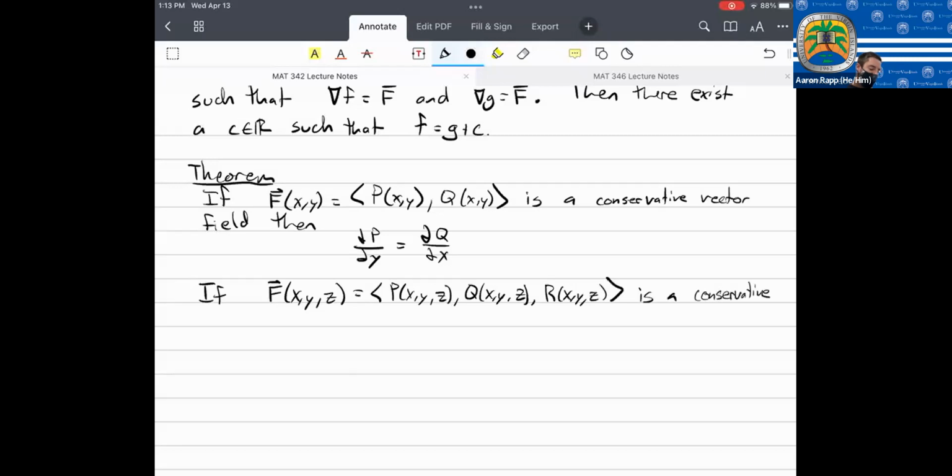So if this is a conservative vector field, then not only do I have that the partial of the x component with respect to y needs to be equal to the partial of component y with respect to x, but it also has to hold with respect to z. Let me move that over some.